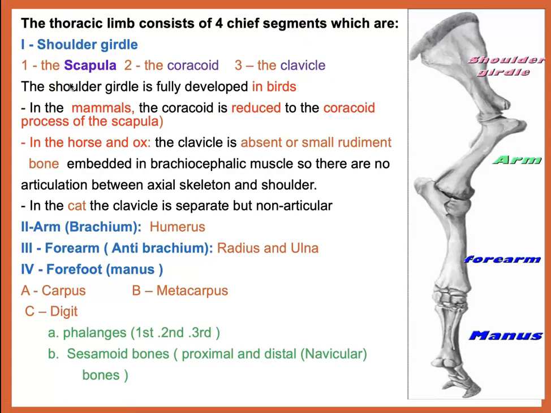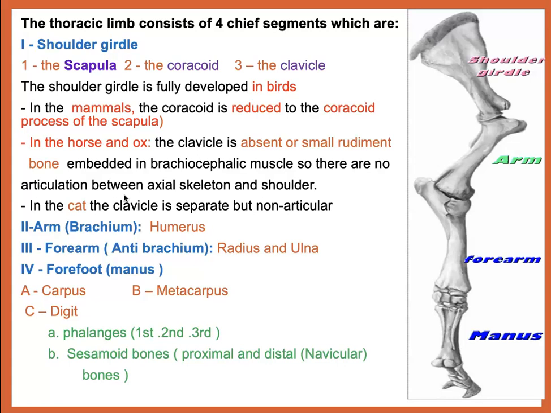However, in the case of mammals, you will find that the coracoid is reduced into the coracoid process of the scapula, right? And the clavicle itself is absent in the horse and ox, or it is a rudimentary bone embedded in the brachiocephalic muscle.